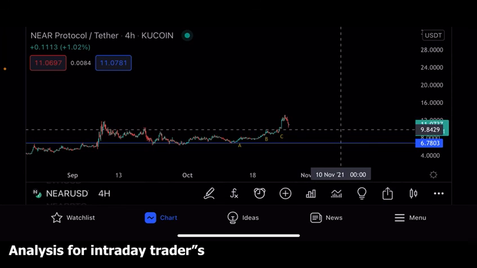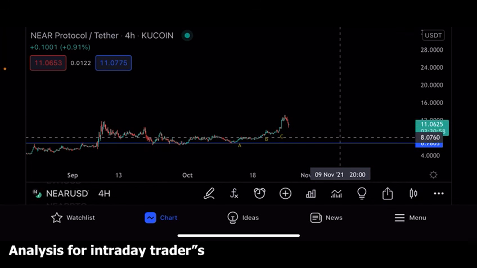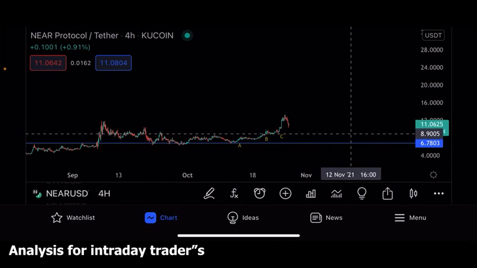So our new support zone is at $9.96 within that range, and price should not break that zone and come down. If it breaks that zone and comes down, then price should be heading for the previous support zone, around this region here, 8.9.